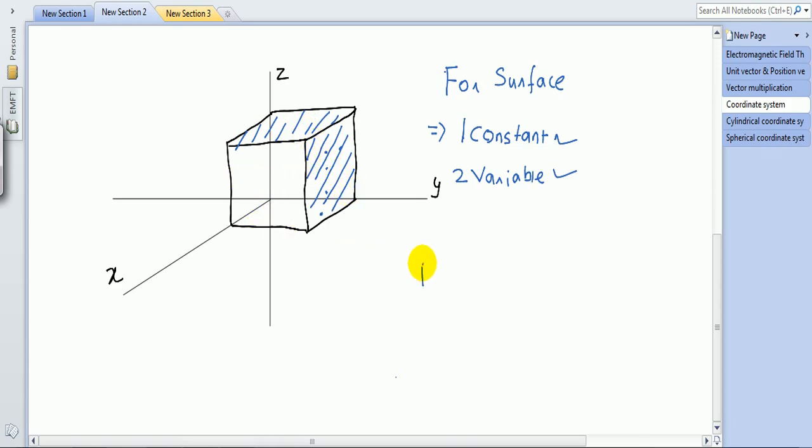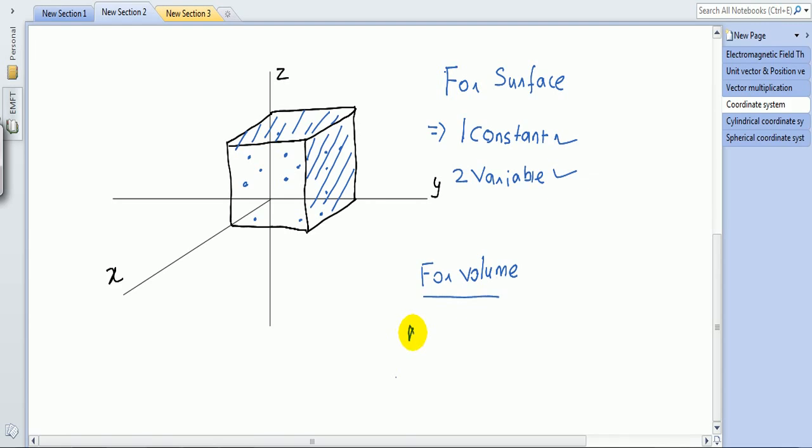Now for volume, like if I consider this cube to be my volume, there will be different values of x, y and z for every point. Every different point there will be different values for x, y and z.